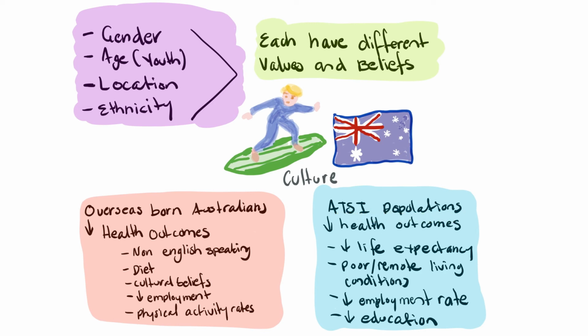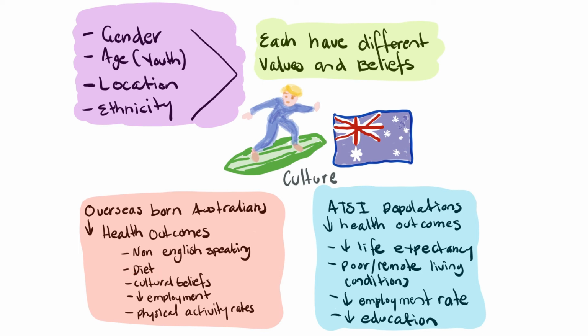Now, when we have a look at overseas born Australians, they generally have decreased health outcomes. And this is generally because they are non-English speaking, and so generally have less access to education or health information services in which they can decipher and actually understand their diet.